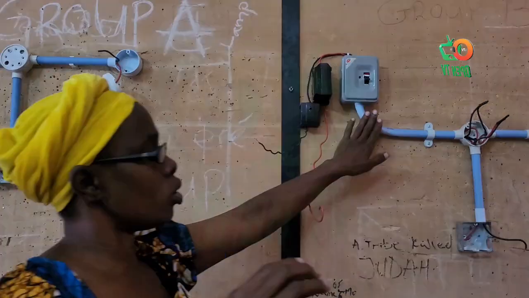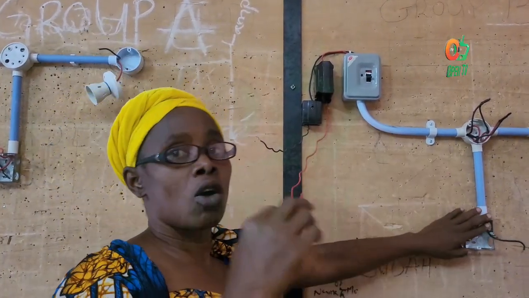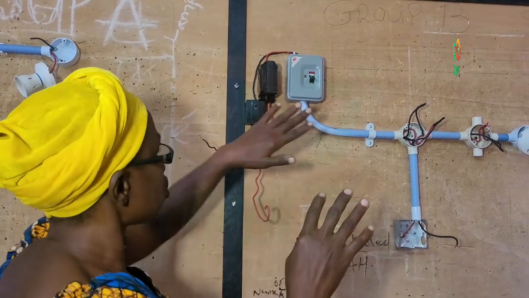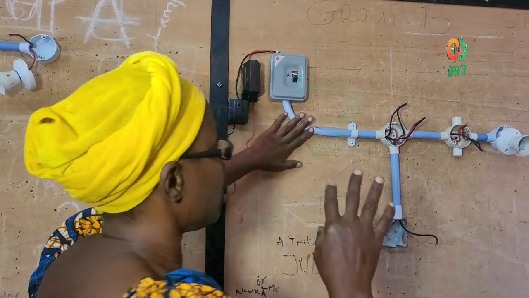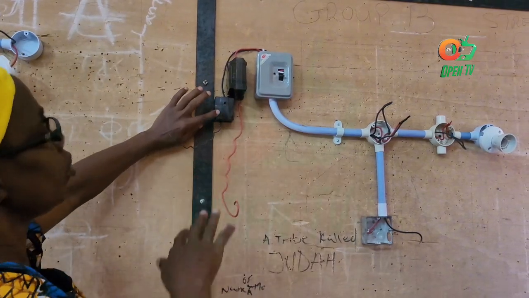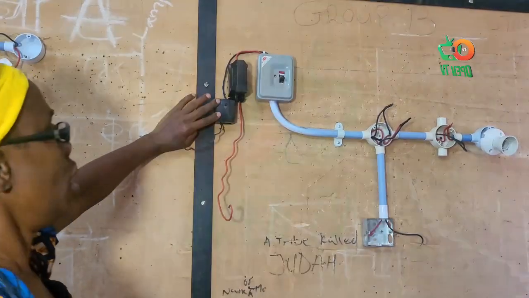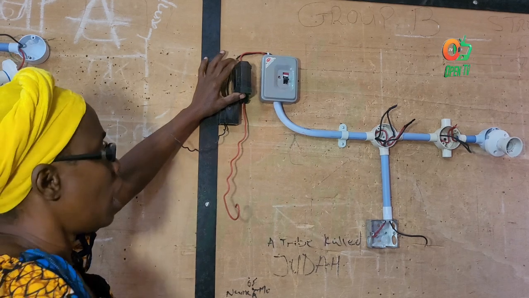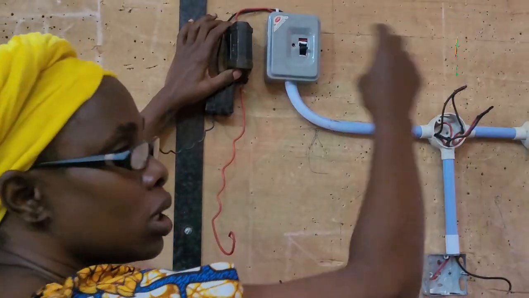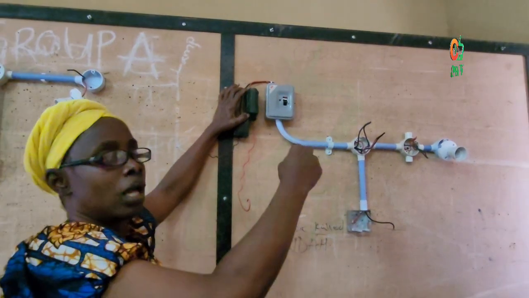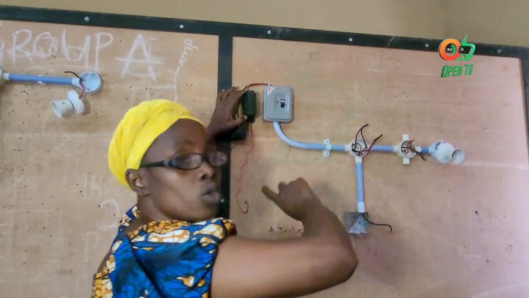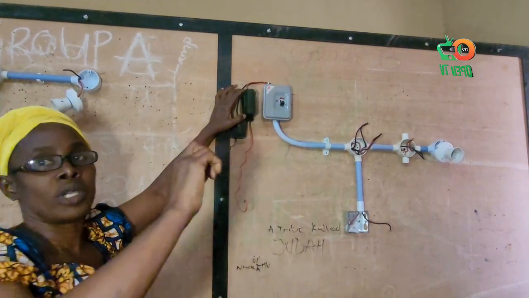But in this one, we have a switch that can control more than one point of light, and it is called a series connection. This is the neutral block, this is the cutout, and this is the control switch that controls the lighting. Once we put this off, there will be no supply to all the lighting points.